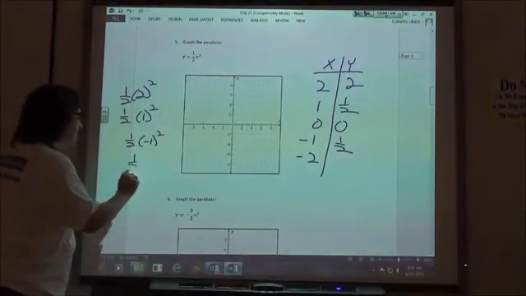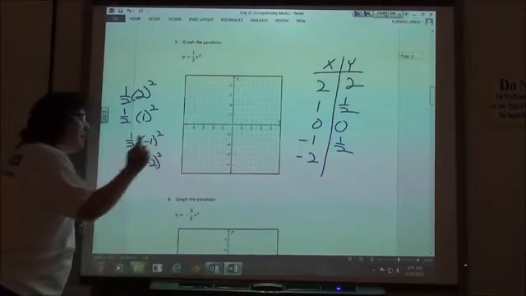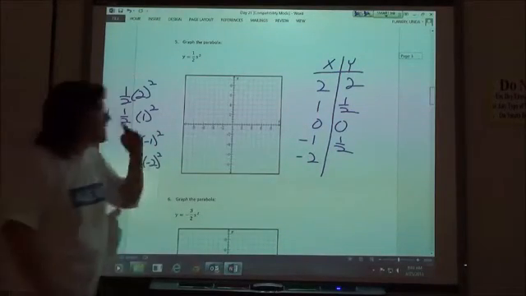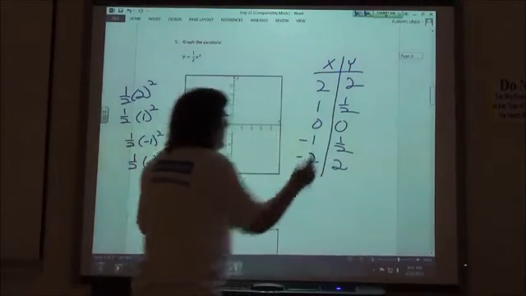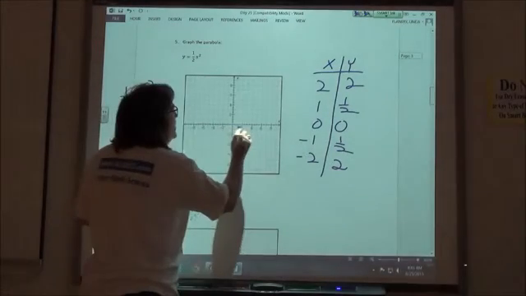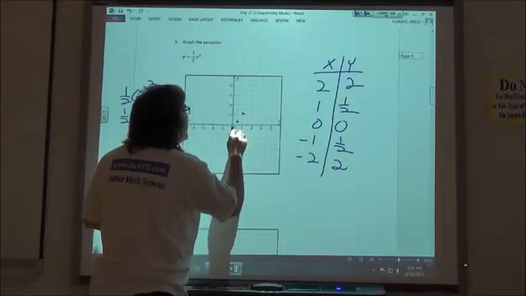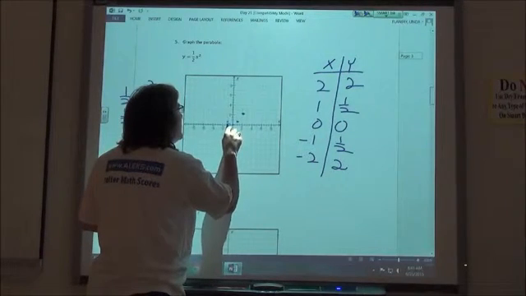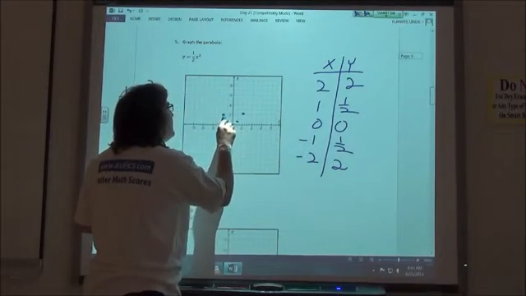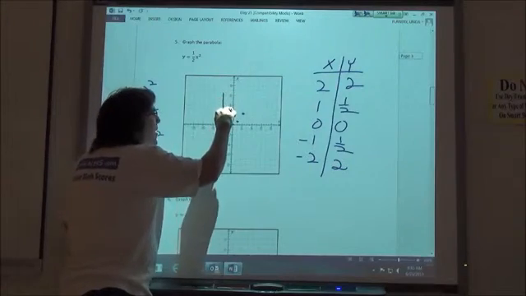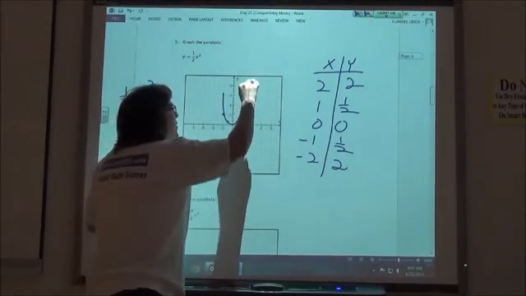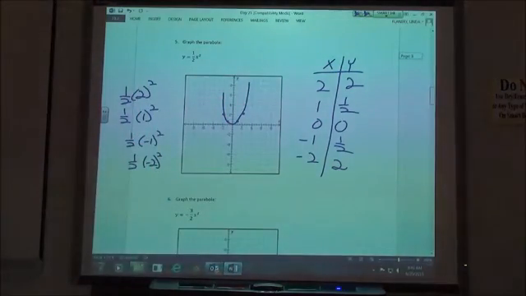And 1/2 times -2 squared, 2. So again, if I plot my points, 2, 2, 1 over is only up 1/2, 0, 0, -1 is up 1/2, and -2 is up to 2. I'm going to have my parabola, this one facing upwards because my coefficient was positive.